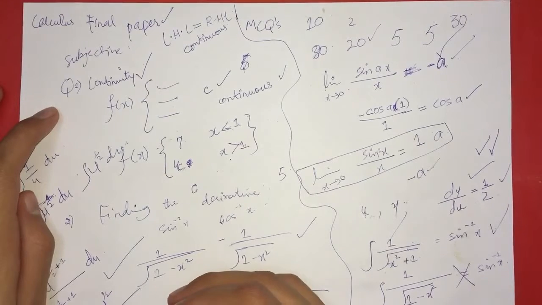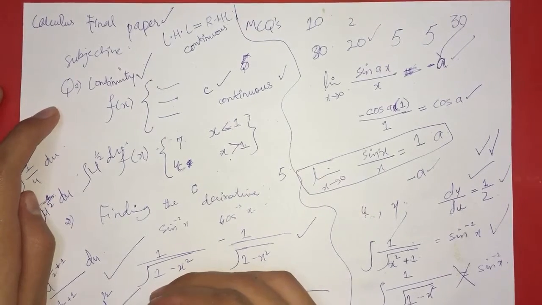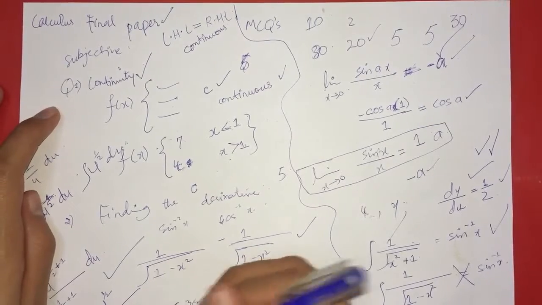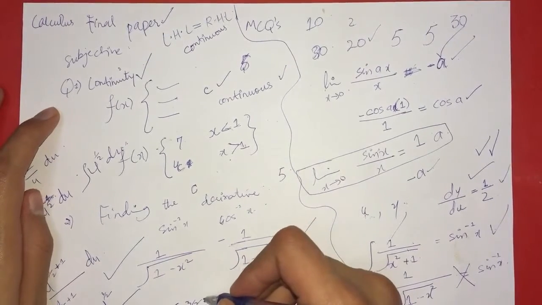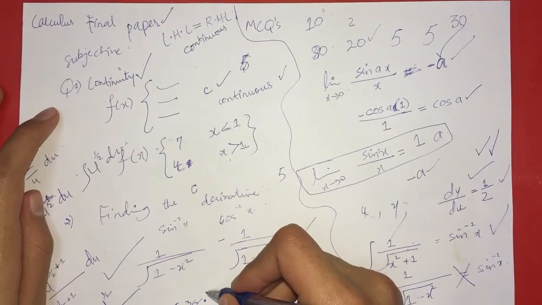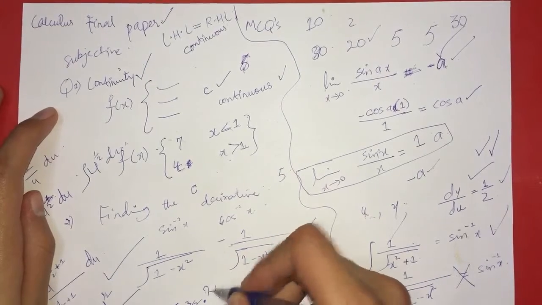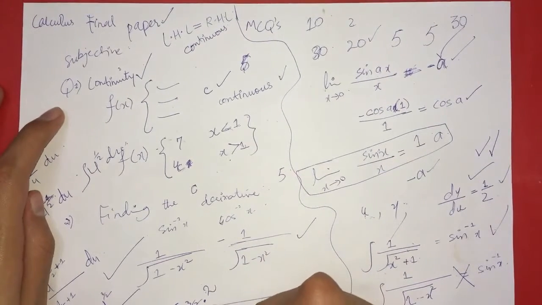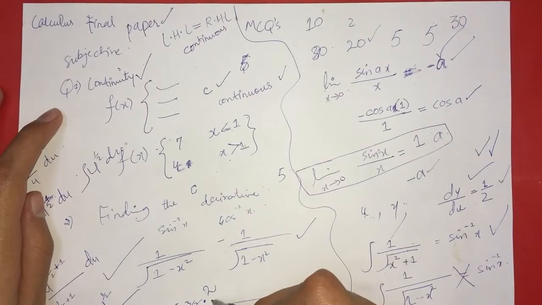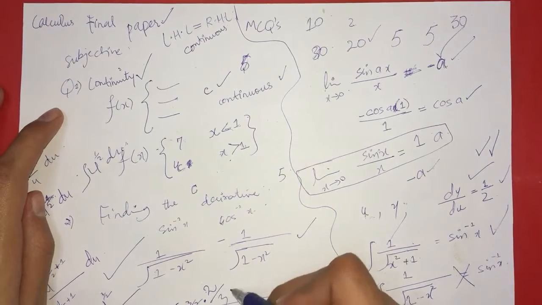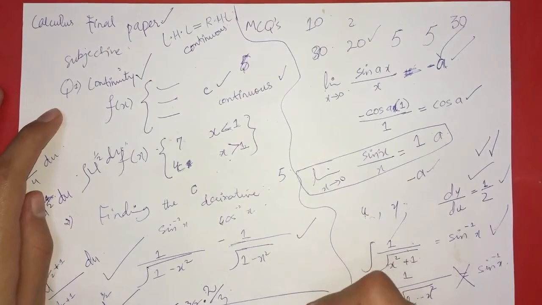So whatever is the denominator, you make it the numerator, and whatever is the numerator, you make it the denominator. So u power 3 by 2 into 2 by 3. Yes, so here what you do is 2 u power 3 by 2.